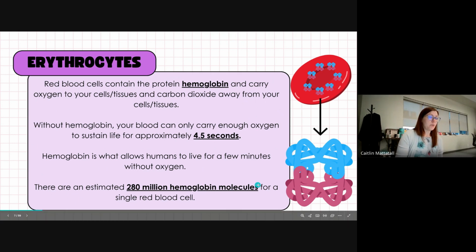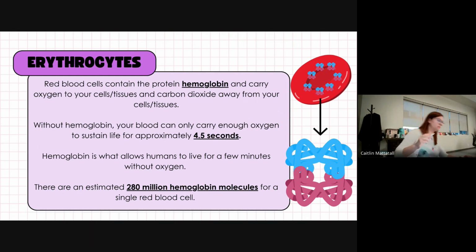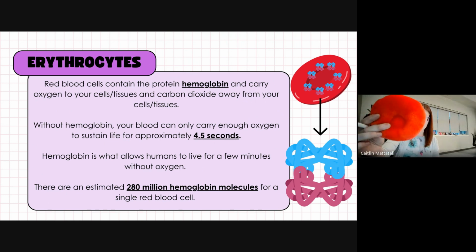When we talk about how important they are, a single red blood cell by itself has approximately 280 million hemoglobin molecules. There's going to be some on this side, and some on that side.